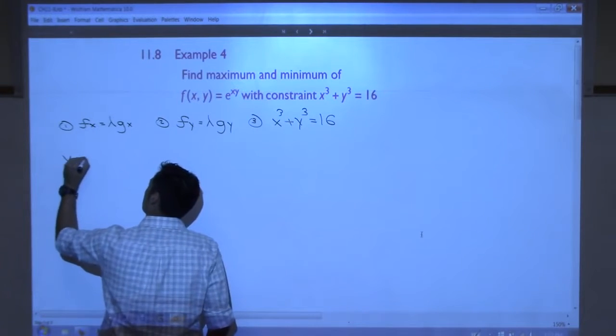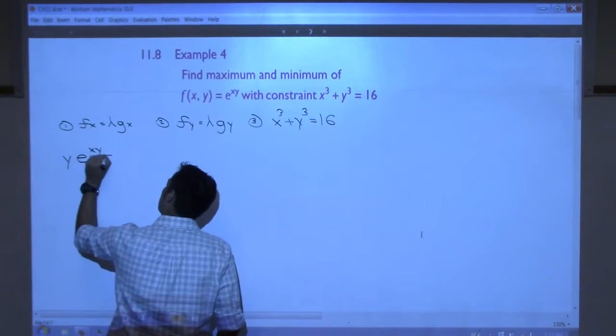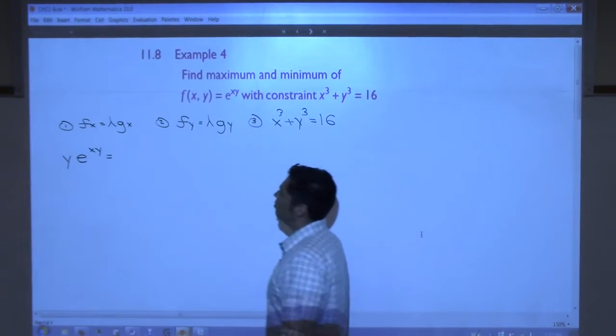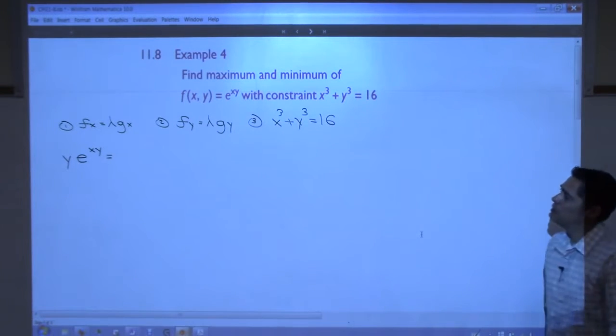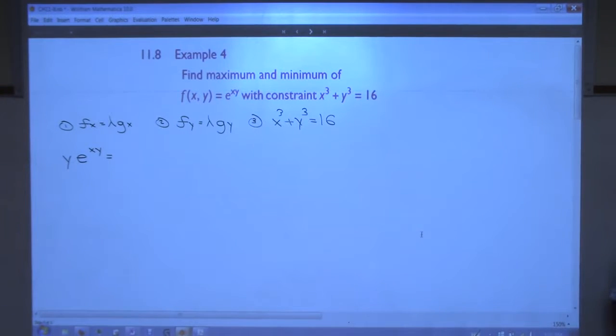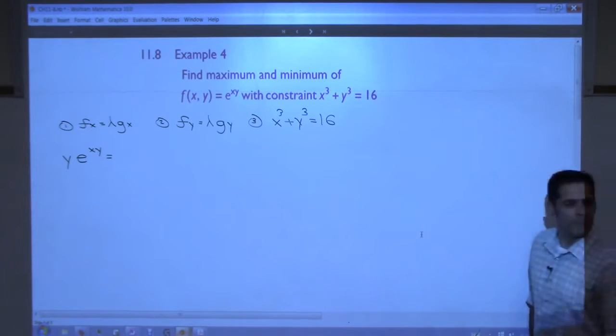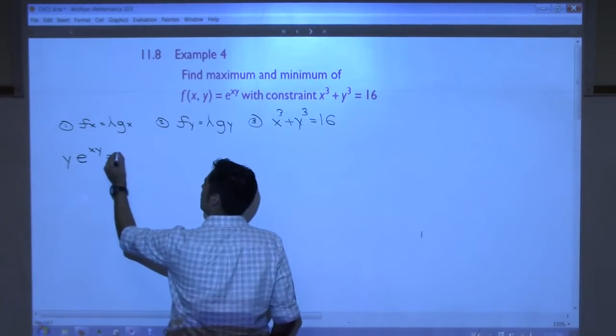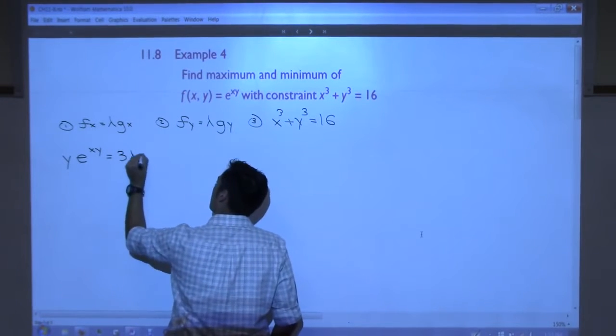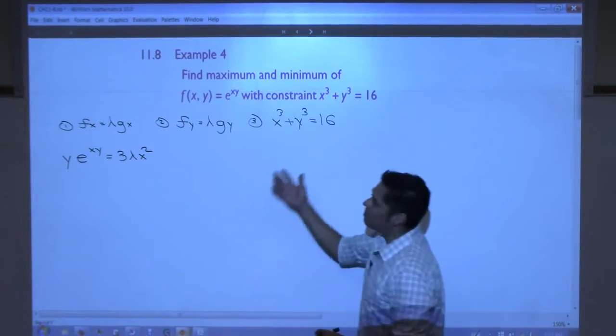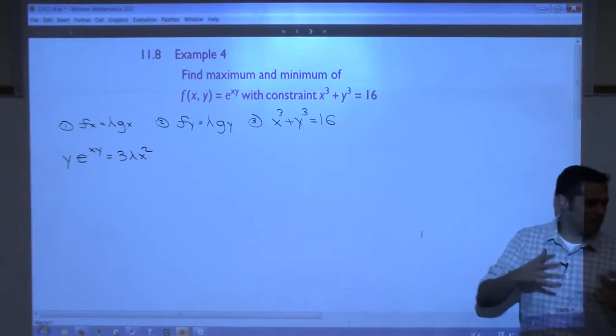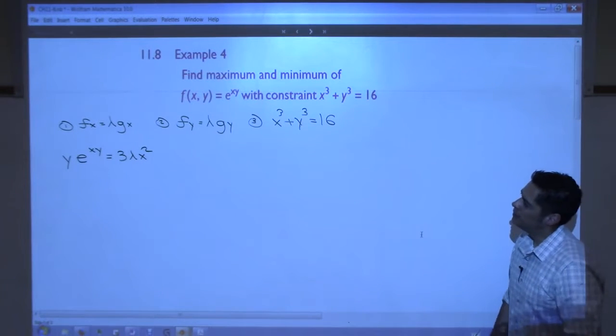Y e to the xy equals lambda times the partial of g with respect to x. 3x squared, but then times lambda, right? So how about I write 3 lambda x squared. See, if you mess the partials up, it's over, right? I mean, pretty much at that point, it's done.